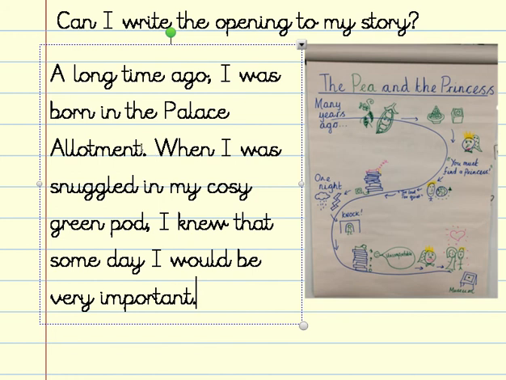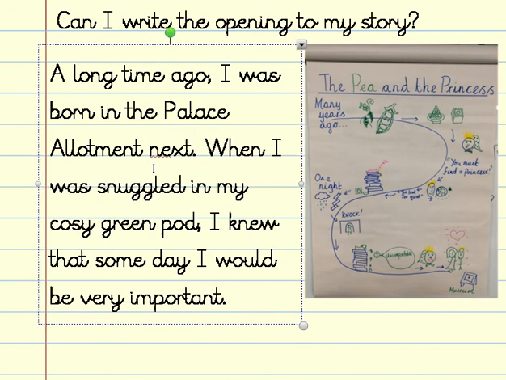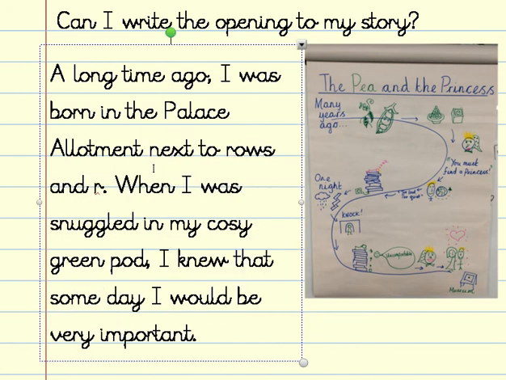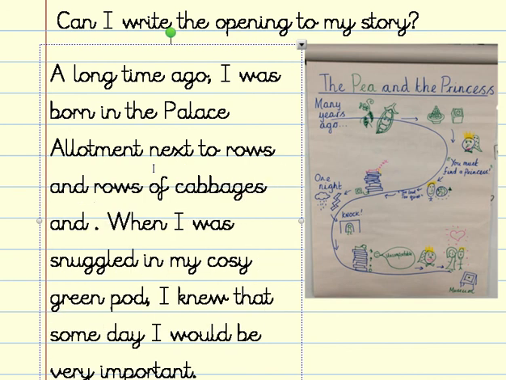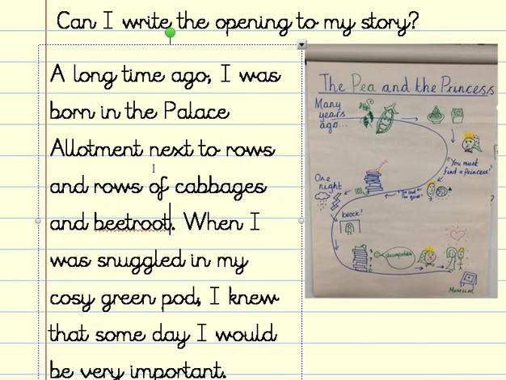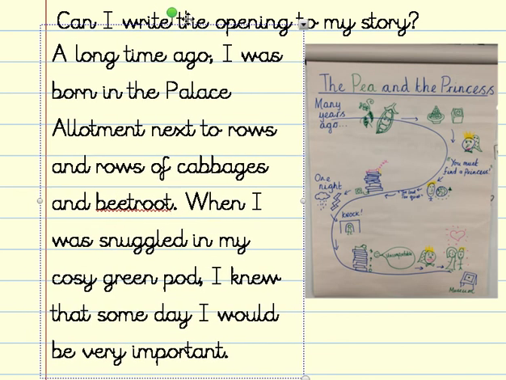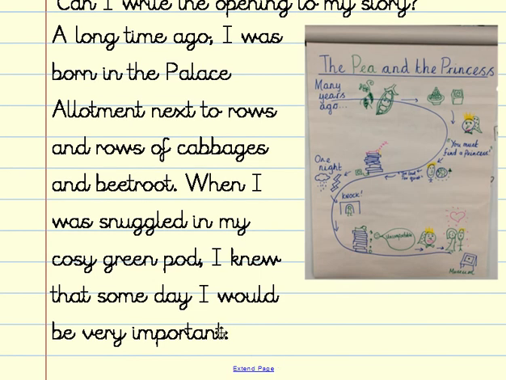I might want to add in a little bit here to talk about where he was growing between. I was born in the palace allotment next to rows and rows of cabbages and beetroot. When I was snuggled in my cosy green pod, I knew that someday I would be important.